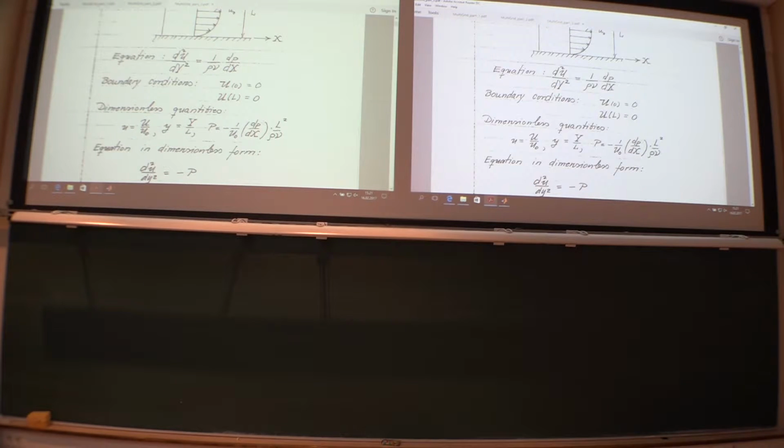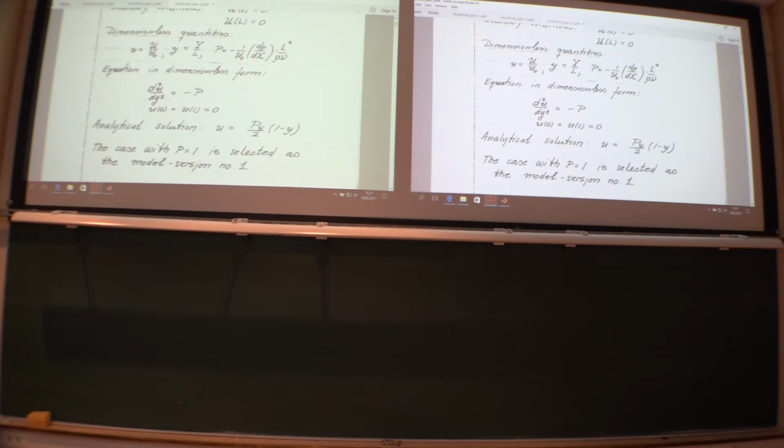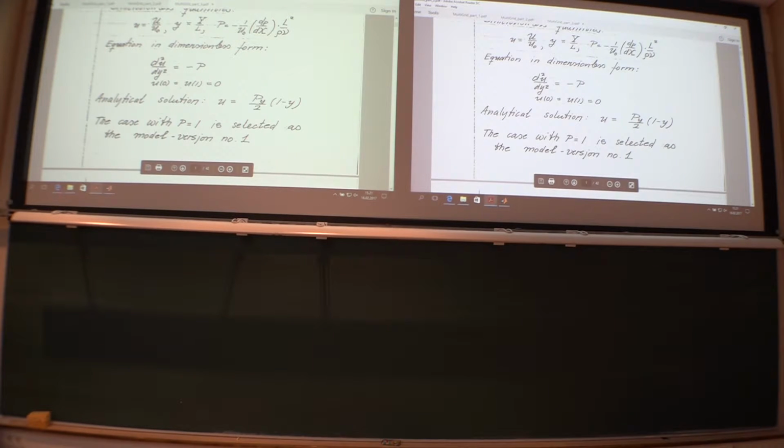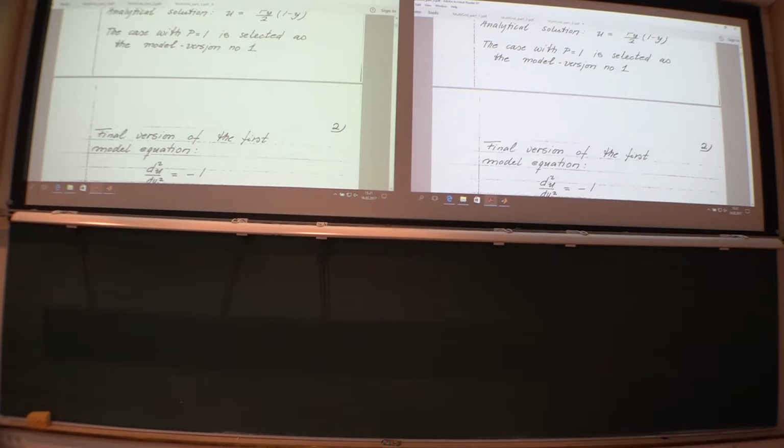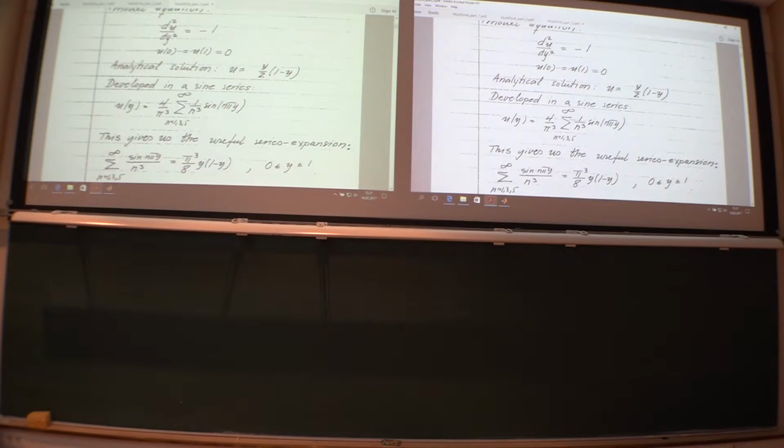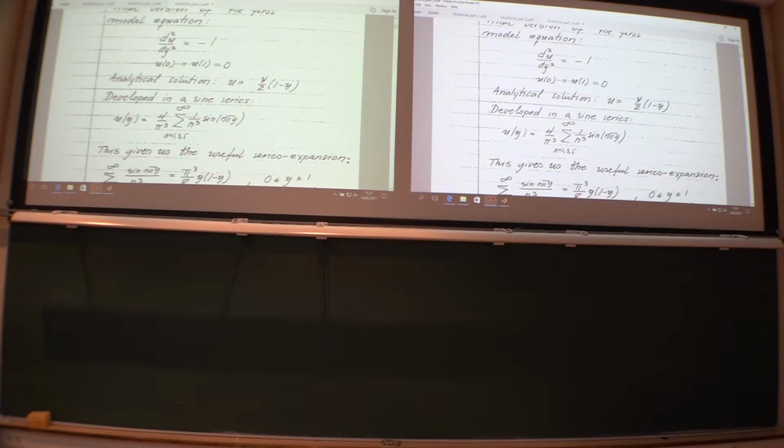Then it's possible to redefine the equation and rewrite it in a dimensionless form to have it like this, which then will be our model equation here. We know the analytical solution, so not a problem there. Analytical solution, then infinite Fourier series here.